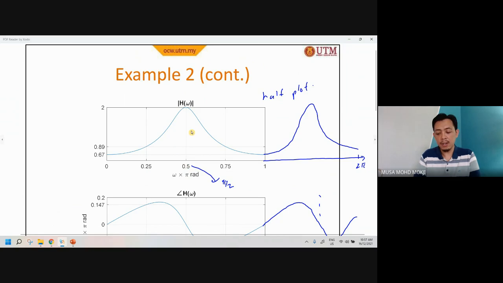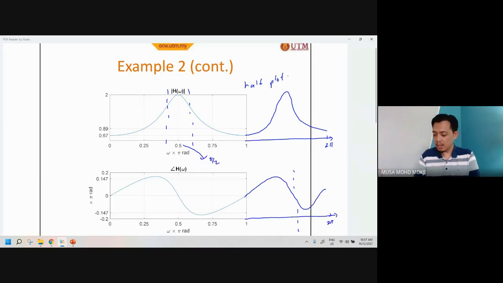So it is a band pass filter, which is focusing at 0.5 pi frequency. It is a passing frequency, most of it somewhere here, because the rest will be reduced to maybe less than 0.5, something like that.